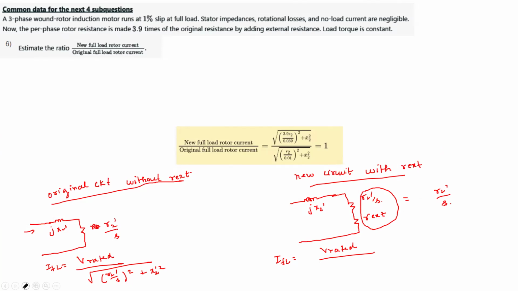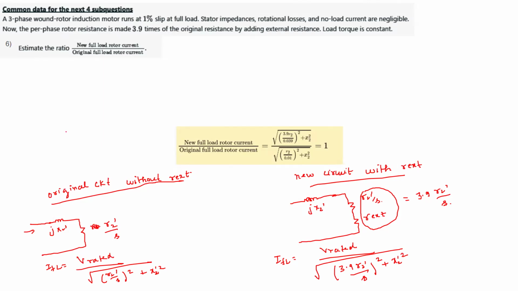They are saying that R external is added in such a way that the new per phase rotor resistance is made 3.9 times the original value. The original value was R2 dash by S, so R2 dash by S plus R external becomes 3.9 times the original value. So this is root over of (3.9 R2 dash by S) whole square plus (X2 dash) whole square.